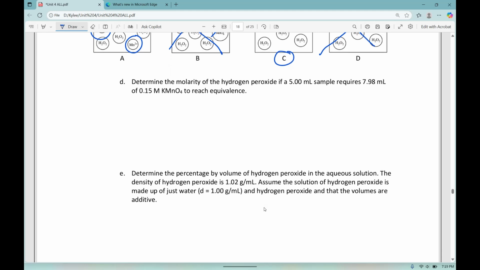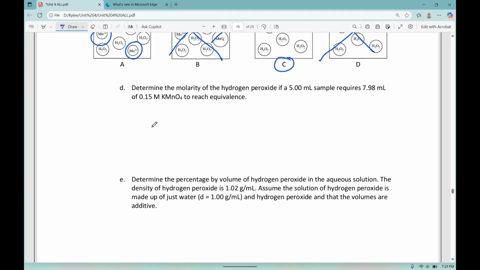On part D, they want us to determine the molarity of the hydrogen peroxide if a 5 mL sample requires 7.98 mL of 0.15 M KMnO4 to reach the equivalence point. So remember, we always start with our known, and I want to figure out how many moles that is.